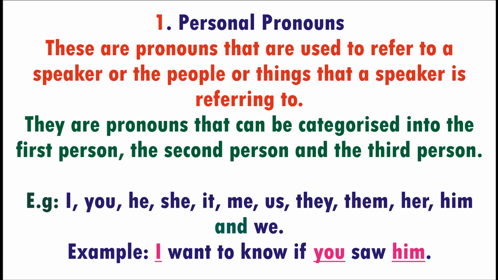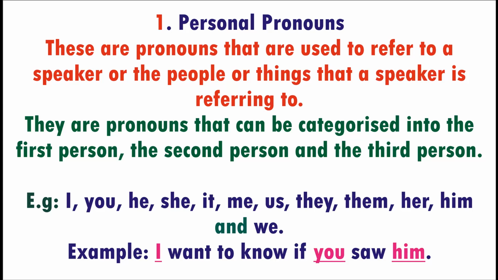So personal pronouns. These are pronouns that are used to refer to a speaker or the people or thing that a speaker is referring to. Of course, this definition may sound somehow complex for us, but then the second definition will help us better. They are pronouns that can be categorized into the first person, the second person, and the third person.